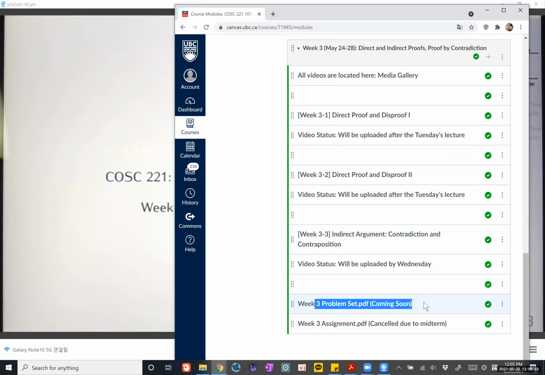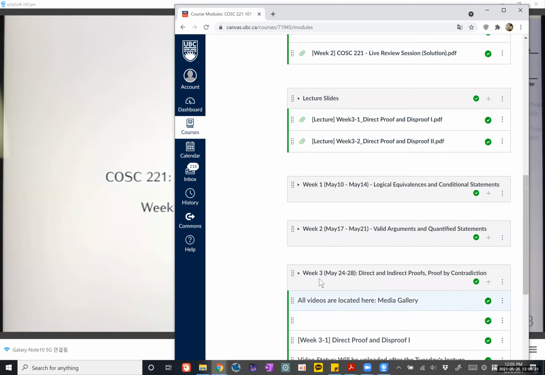I'm going to type everything and post it as soon as it's available. Personally, everything is cramped in, so it's a little bit busy for me, but it should be done. Don't worry, I'm not going to post this on Monday, right before the midterm. It should be done today. And the week 3 assignment will be canceled due to the midterm.